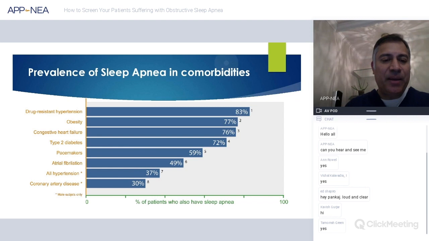So the next time you see a patient on blood thinners, ask them why, most probably atrial fibrillation, to prevent the likelihood of a stroke. But remember, 1 out of 2, 49% of people with atrial fibrillation have sleep apnea. Hypertension overall, 37%. Coronary artery disease, 30%. These are staggering statistics.